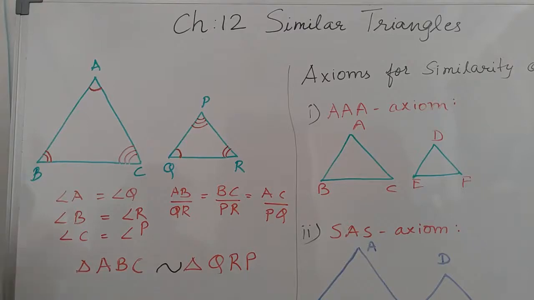So again, the first condition is that the three corresponding angles should be equal and the three corresponding sides are in proportion. Then triangles are similar. Now we have some axioms for similarity of triangles.